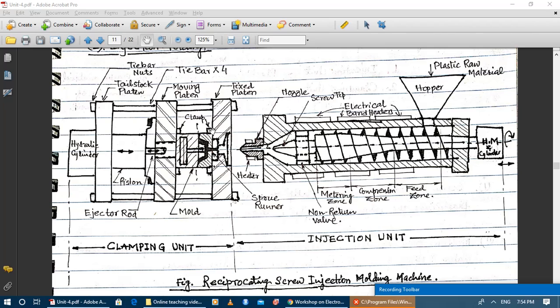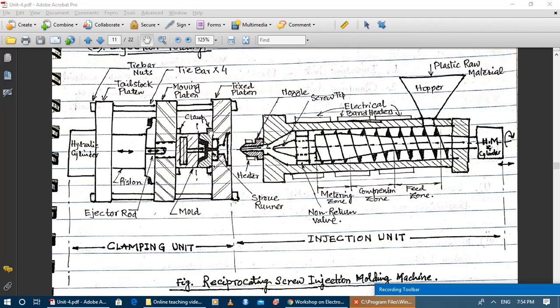Okay, and the sprue of the mold is just in front of the nozzle, so that the molten polymer, which is being pushed by the forward action of the screw, can flow through the nozzle directly inside the sprue and finally to cavity of the injection mold. And injection mold is basically of two parts.